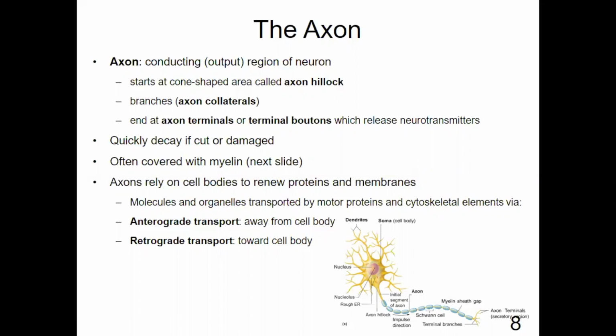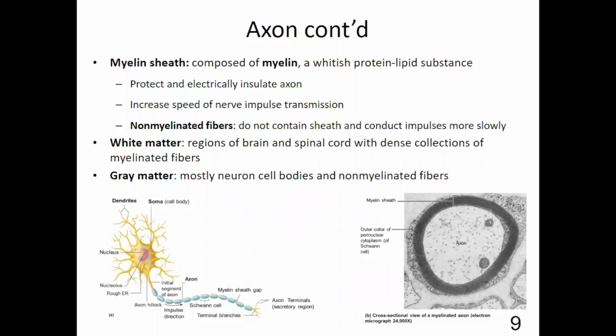So let's look a little bit closer at myelin. If we look at this cross section of an axon here, we see this center region labeled axon. So this is part of the neuron. This darker ring surrounding the axon is myelin. Myelin is actually part of glial cells.